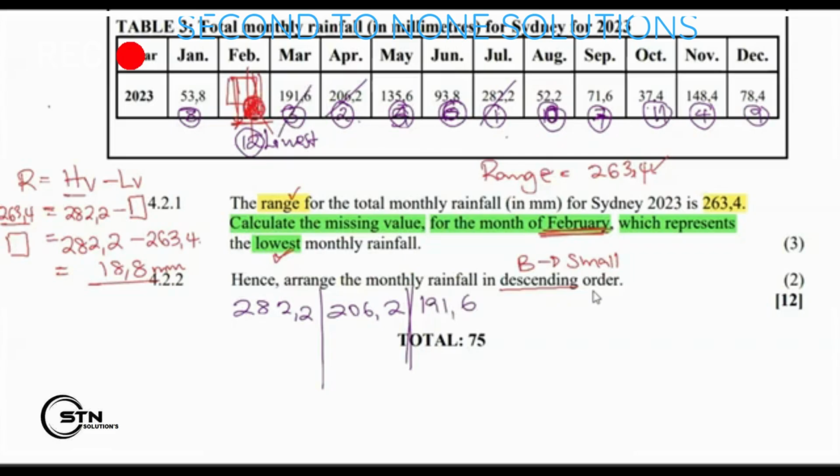1, 2, 3, 4, 5. Allow me to put them in sixes because they are 12.